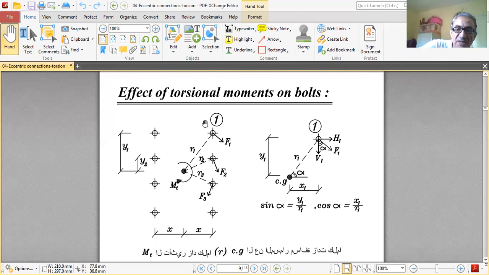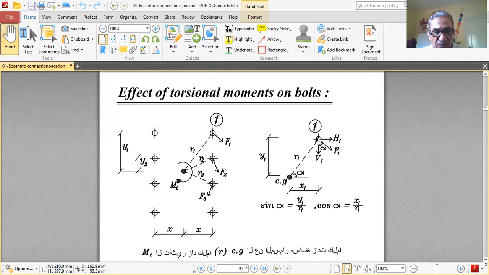This is the radius of rotation, and F1 is this one. So here we have F1 at R1, F2 at R2, and F3 at R3. Okay, so we have this bolt.